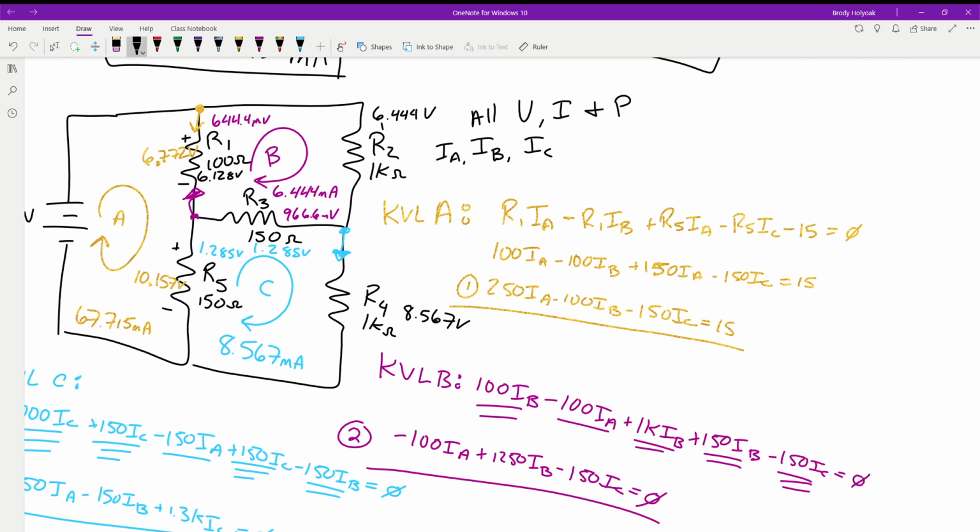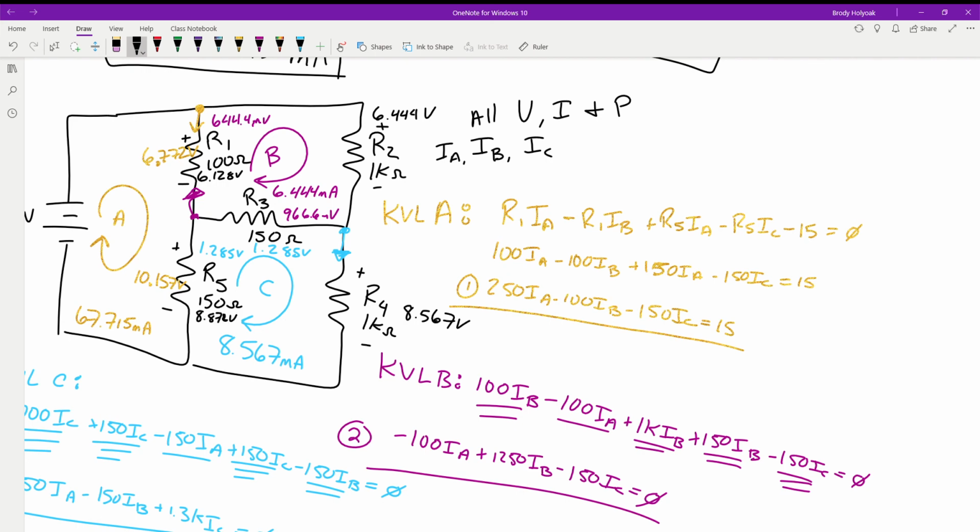Same with these guys over here. So we have 10.157 going down. We have countered by the 1.285. That gives us a net here of 8.872 volts.